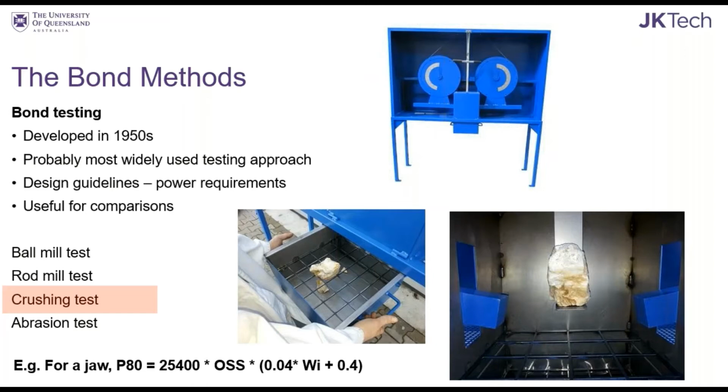You're basically putting a rock between two hammers and crushing that rock. And there's an example down the bottom of an equation for what you would do with regards to the jaw crusher, to be able to determine what open side setting you require. There are other equations, I think, for the gyratory and cone crushers as well.